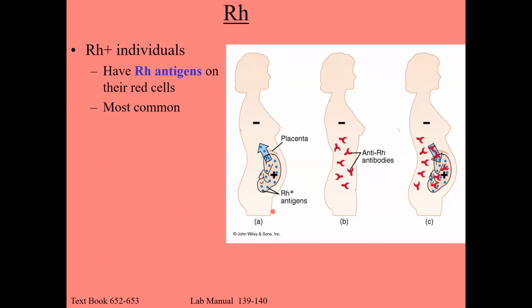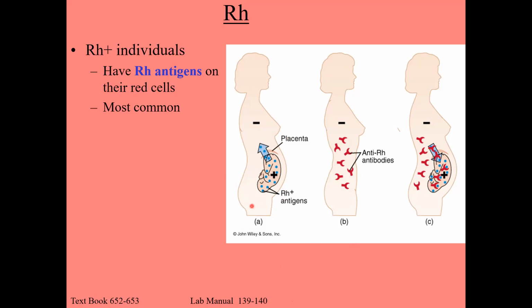Her partner is positive, and by genetic inheritance, the baby is positive. The baby can be the mother's group or the father's group, mostly the father's group. You have to look at the inheritance pattern, go through the Punnett square. The baby is positive. The baby keeps growing, no problem.